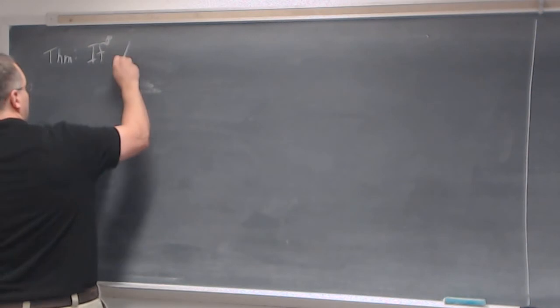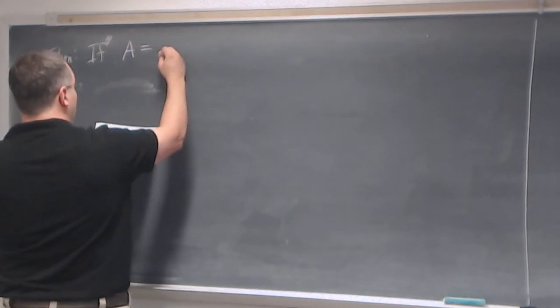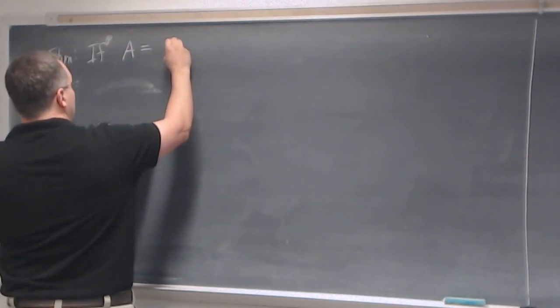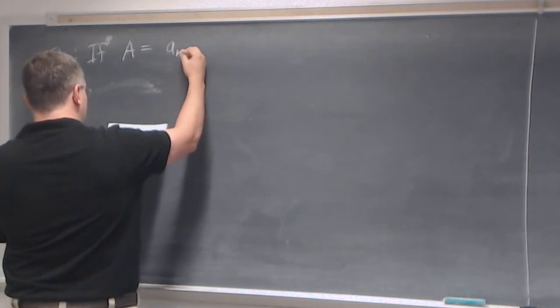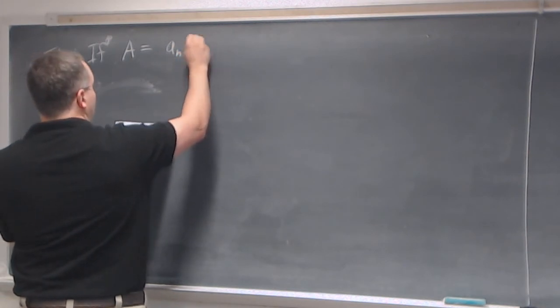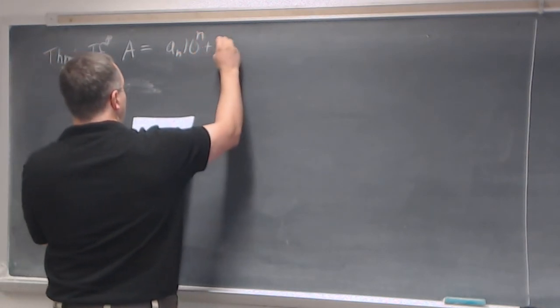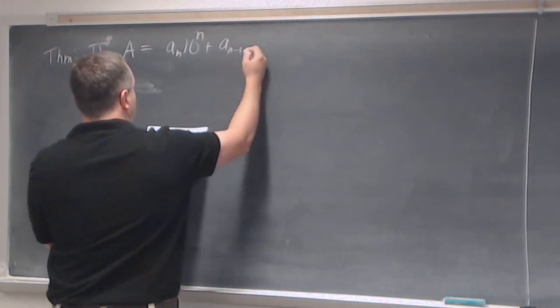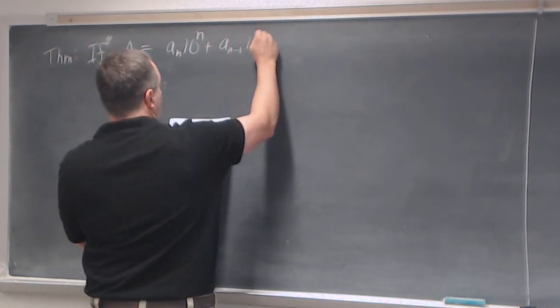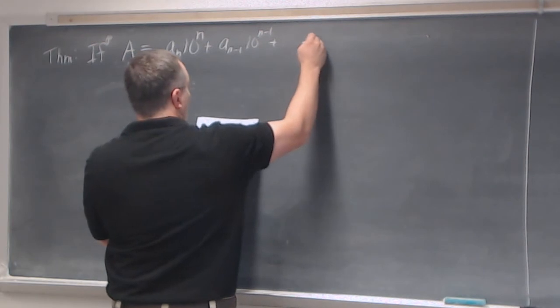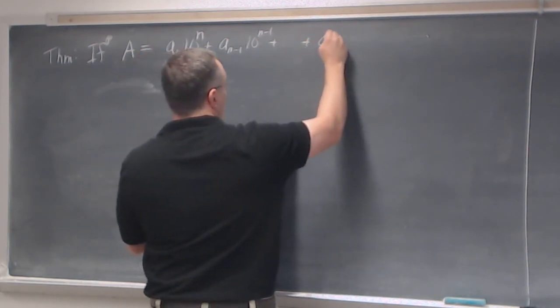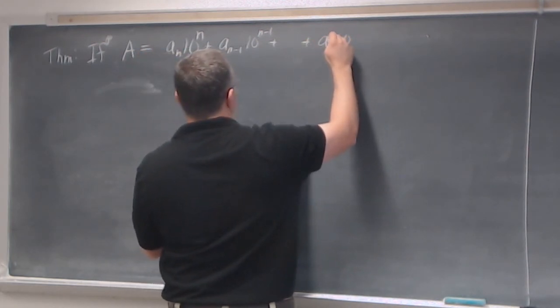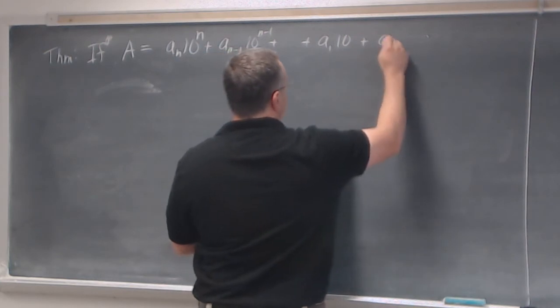So if you have an integer a, the first digit is a_n, so a_n times 10 to the power n, plus a_(n-1) times 10 to the n minus 1, all the way down to a_1 times 10 plus a_0.